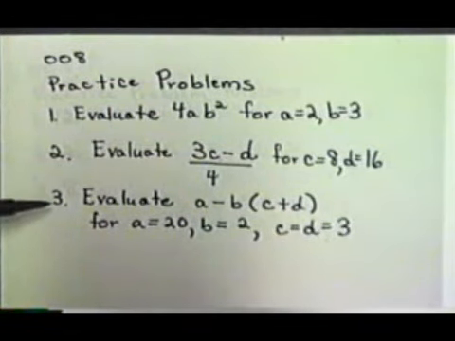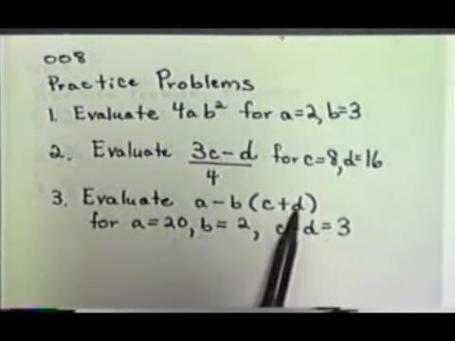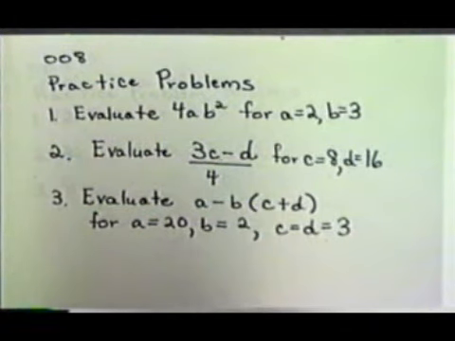The third one, evaluate a minus b, parentheses, c plus d, close parentheses, for a equals 20, b equals 2, c equals d equals 3. Copy your problems down, then turn off your tape.